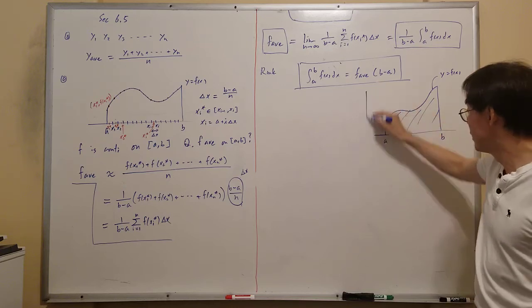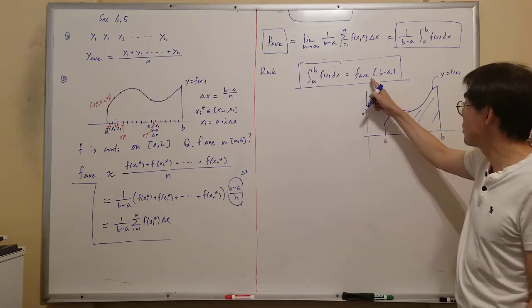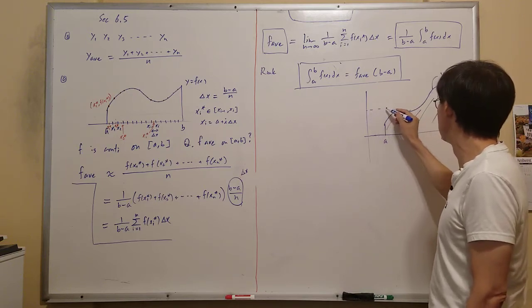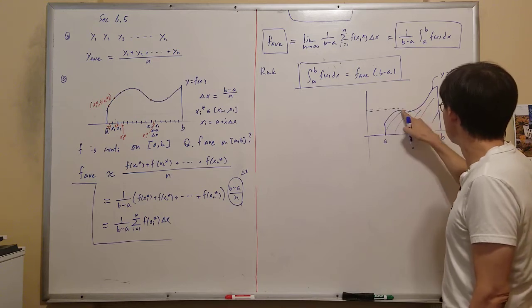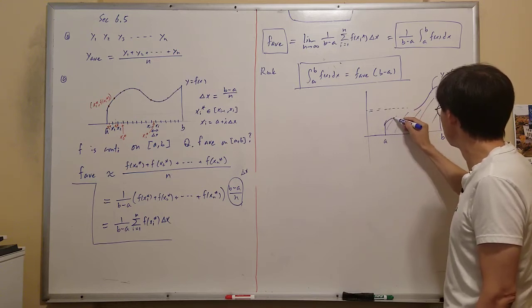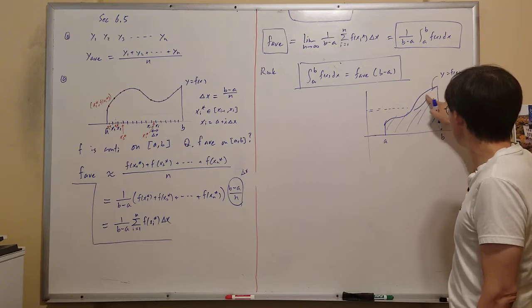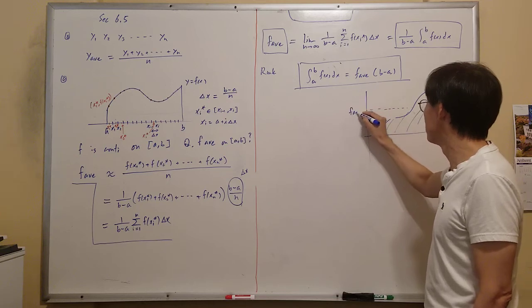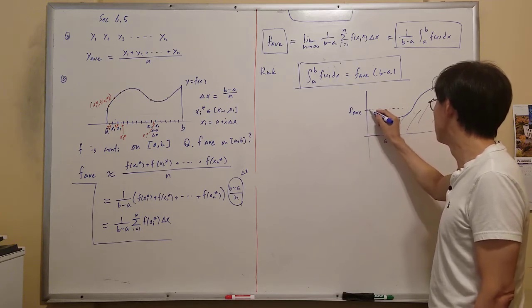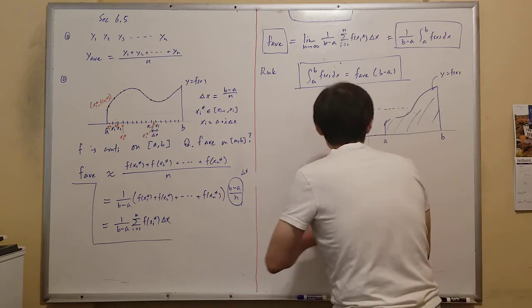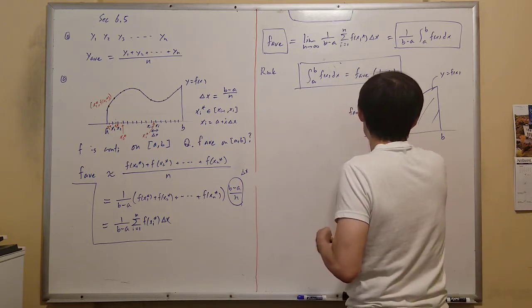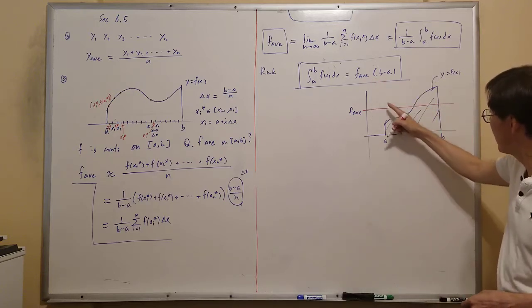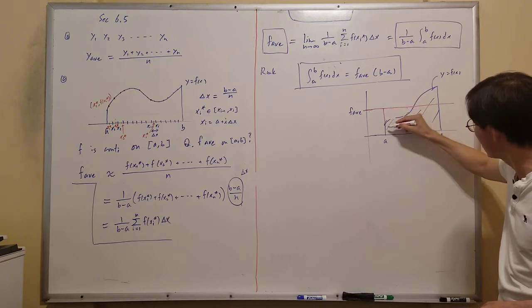Now, let's say your average value is somewhere here, f average. If I draw the line, this is b minus a times f average, which is the area of this rectangle, isn't it?